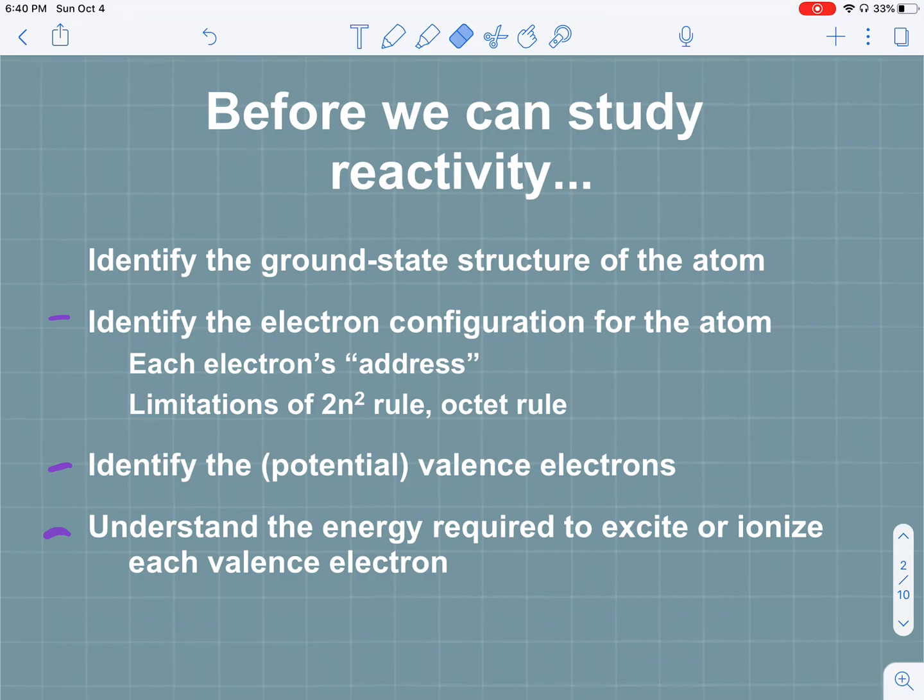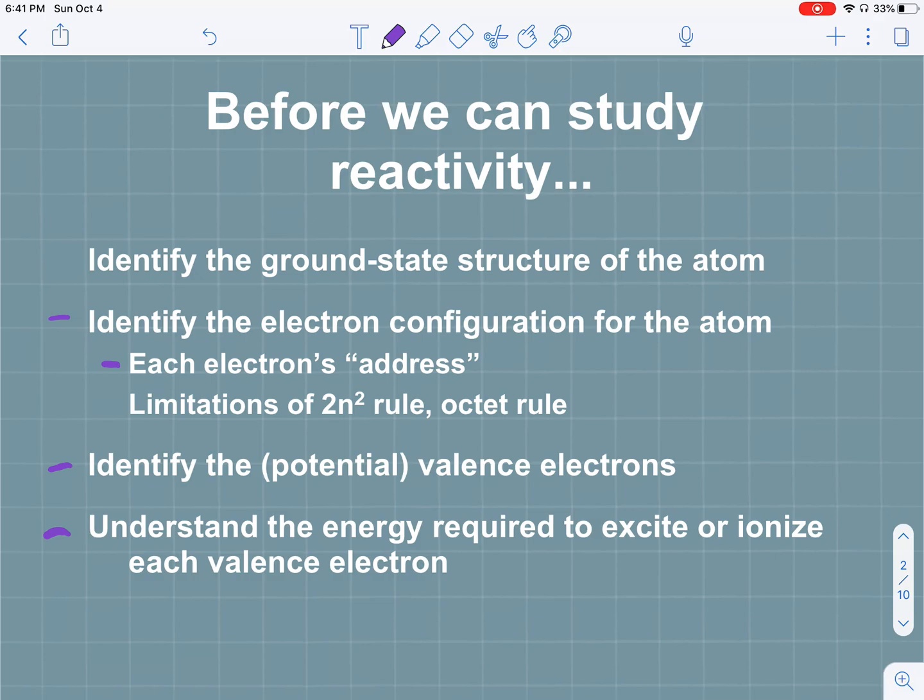We need to identify the electron configuration for an atom, and that comes with learning each electron's address, and that's in quotes because that's not what it's formally called, but essentially each electron in the electron cloud has a specific designation. That designation is based on a four-part address.